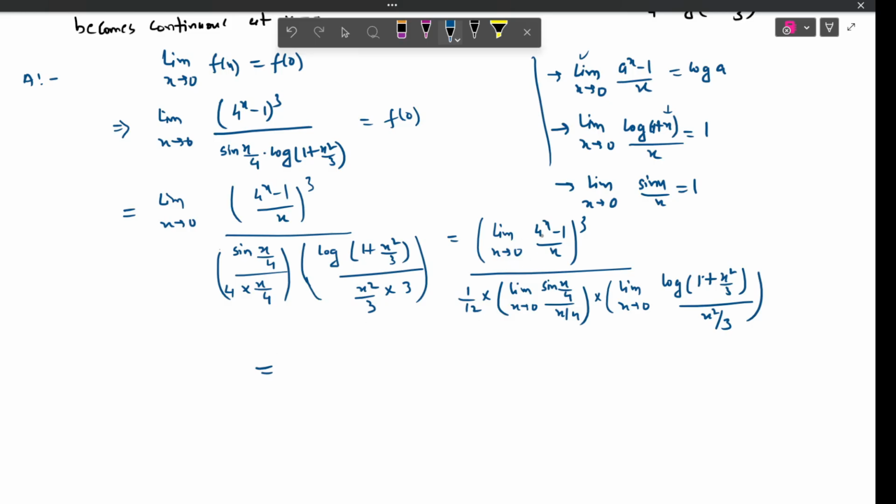So here this term will give log of a, that is log of 4 to the power cube. This will give 1 and this will give 1. So by 1 by 12, so 12 will be in the upward. So this is equal to f of 0. So this is the value of f of 0.